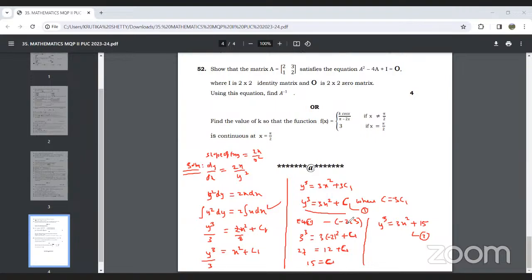So by replacing y and x and simplifying it further, we get c is equal to 15. So this c is equal to 15 we are substituting in the equation 1. So we get y cube is equal to 3x square plus 15, which is the required equation of the curve. Okay. So part C, I think we have covered maximum questions here.